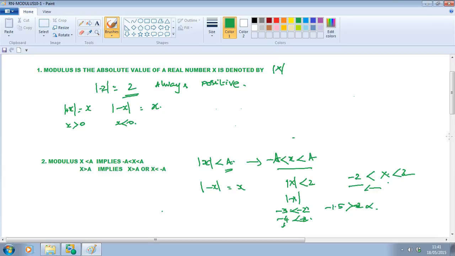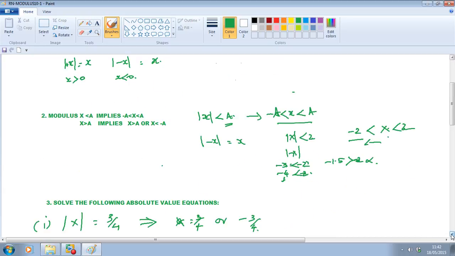How do you read this? x should be less than 2 and x should be greater than minus 2. We will see some more examples. If it is less than or equal to, it goes the same way; if you put equal to here, also equal to there.